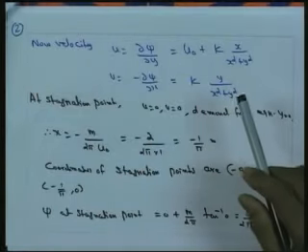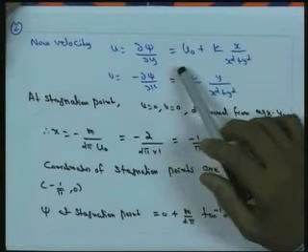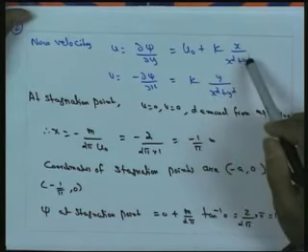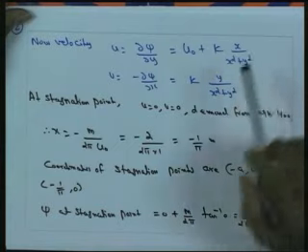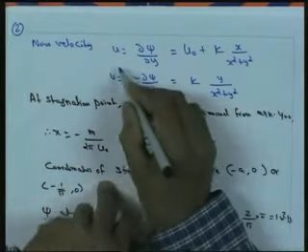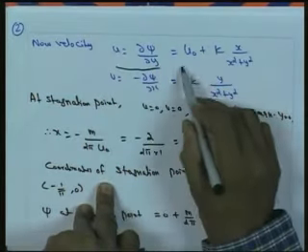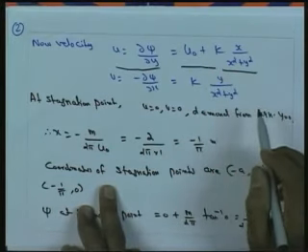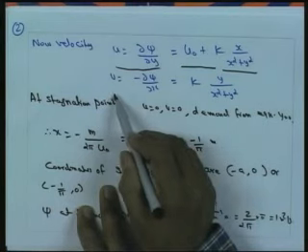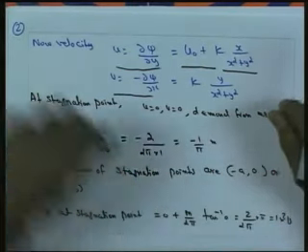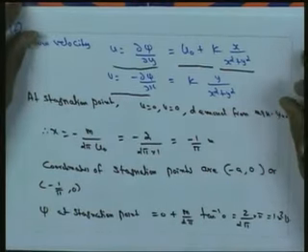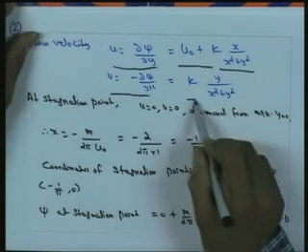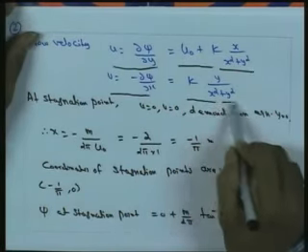If you differentiate, we get u is equal to del psi by del y is equal to u0 plus k into x by x square plus y square. Similarly, the velocity in the y direction v is equal to minus del psi by del x, which is equal to k into y by x square plus y square.